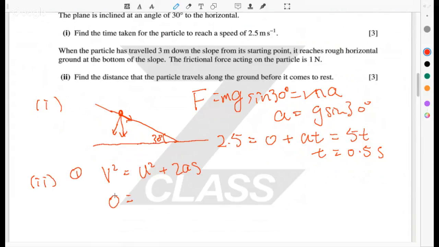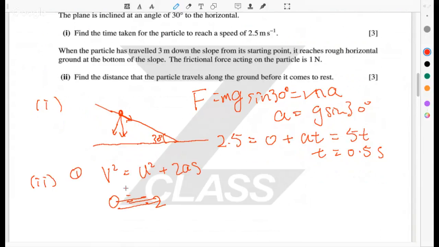So actually, the first step you need to do is to find the final velocity of the particle traveled after 3 meters.